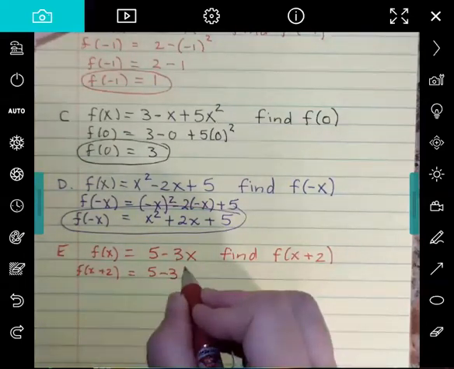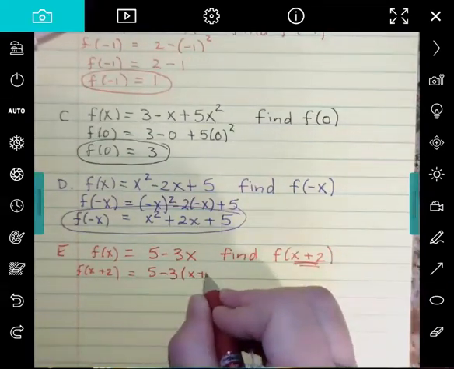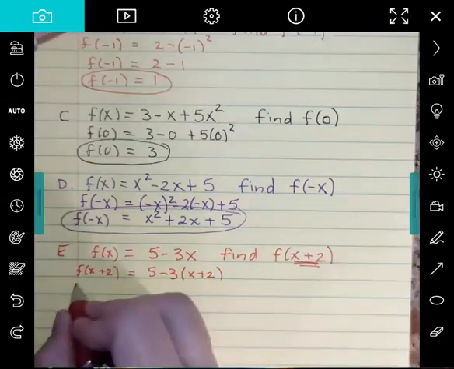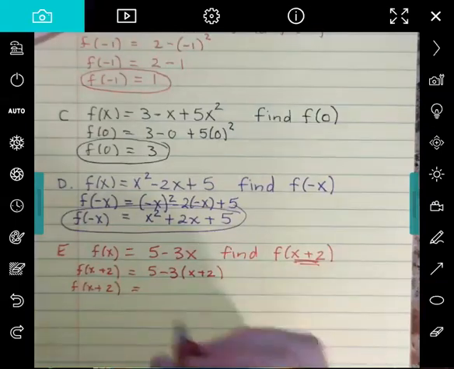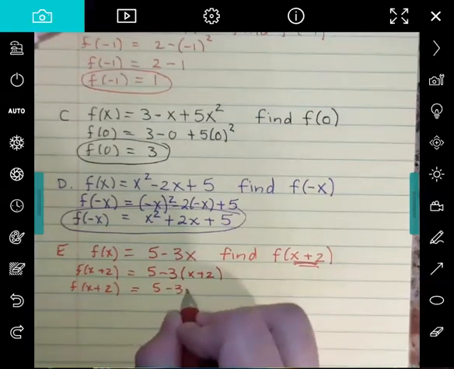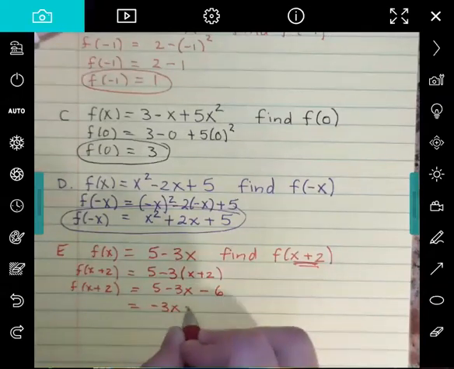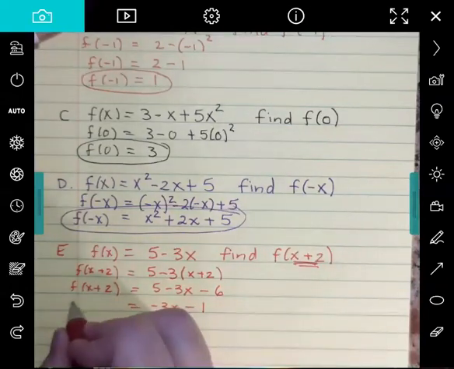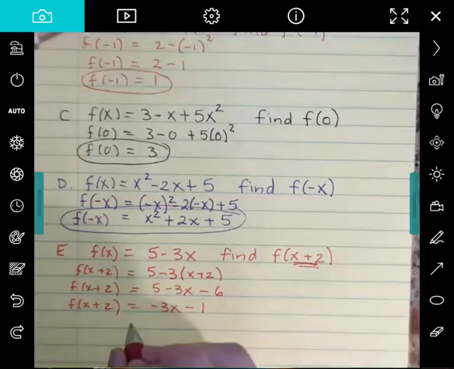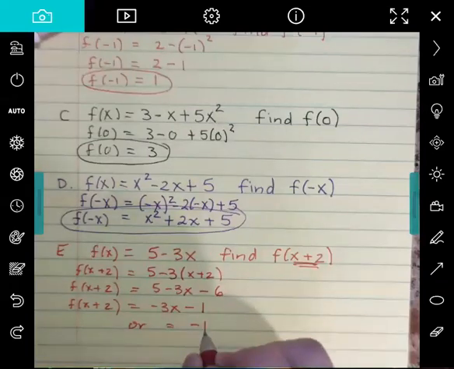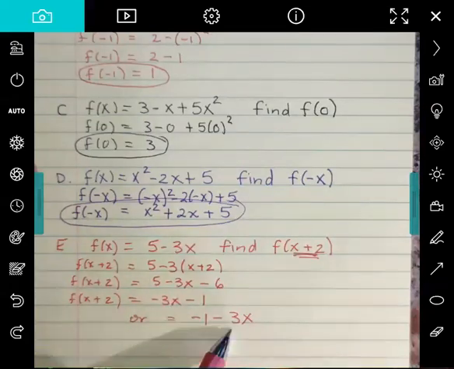Where you have an x, you're changing it to this, going in place of x everywhere. We leave the left side alone each time. Notice that. So you should get this one or this one.